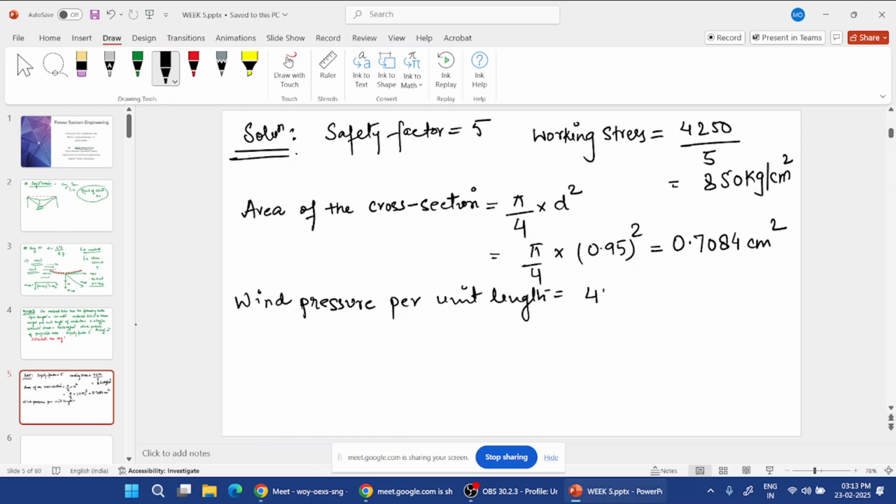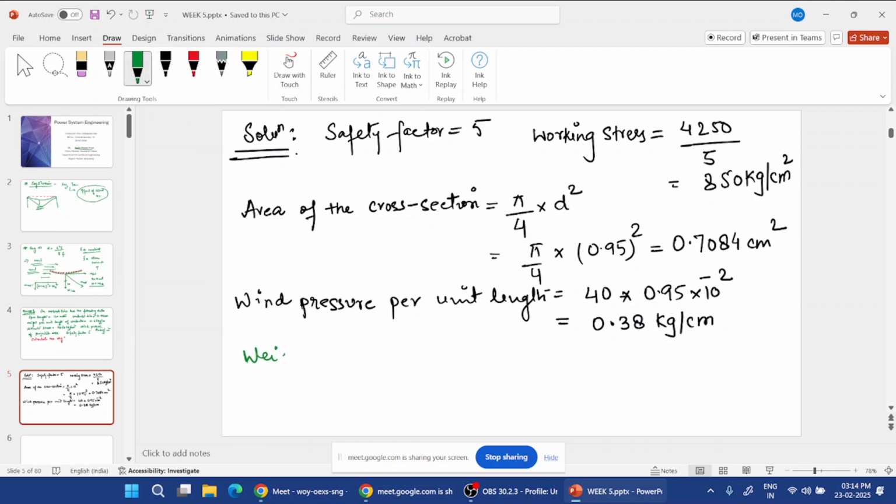It will be 40 multiplied by the diameter, which is 0.95 into 10 raised to the power minus 2, because we have to convert into meter. So it comes out to be 0.38 kilogram per meter. And what is the weight per unit length of the conductor? It is already given.